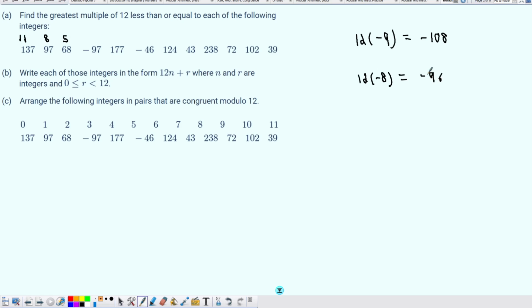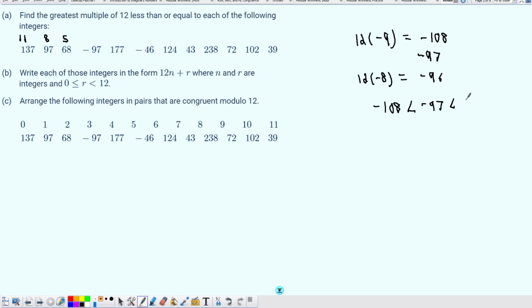But I want the greatest multiple that's less than or equal to negative 97. Now, where does negative 97 fit here? In positive terms, I would go definitely with the 8, because 96 is less than 97. But, as we all know, hopefully, negative 108 is certainly less than negative 97.